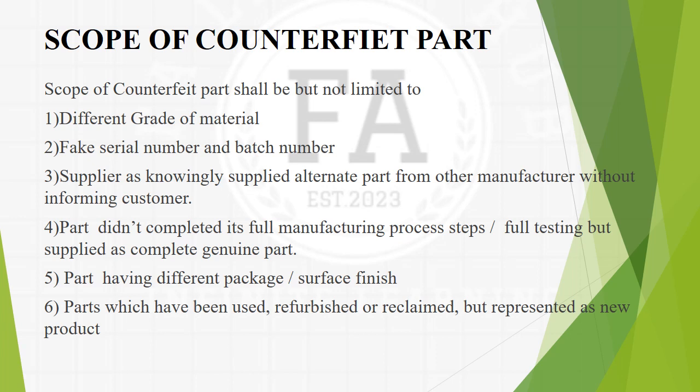Since this material goes inside the system, we skip that particular step and supply to the customer. Then it can be considered as skipping of a manufacturing step or process, and it can be considered a counterfeit part. The next one is skipping of a full test or failure of any test.